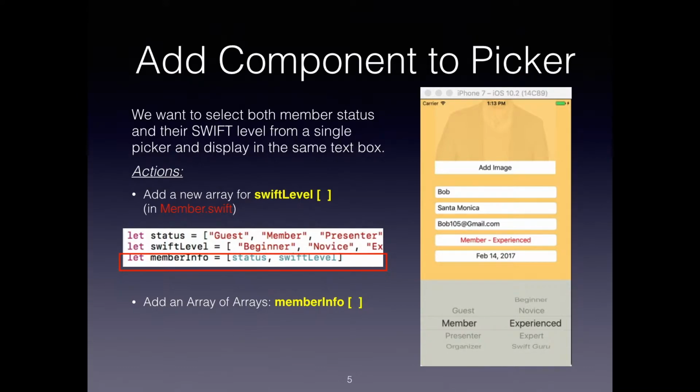A roller is like a section, and the rows are like cells. So status is a bunch of rows, and Swift level is another bunch, and then you need to know which roller you're in.